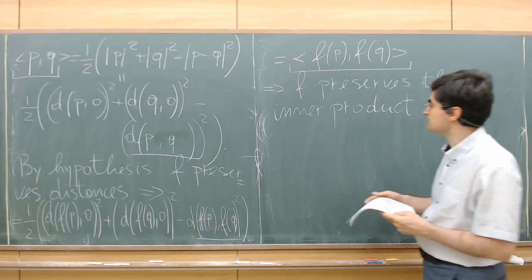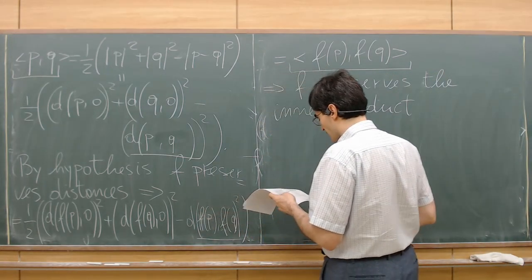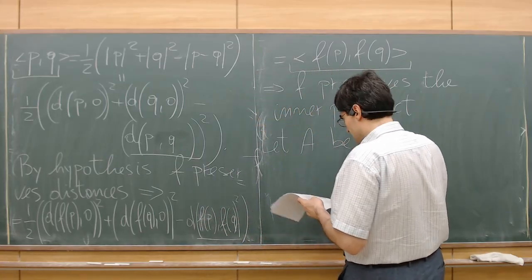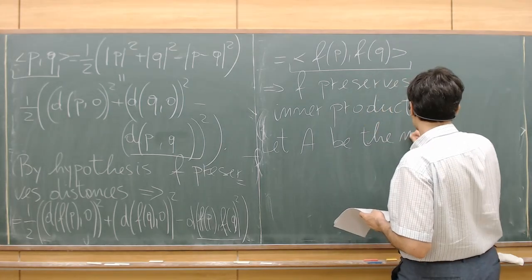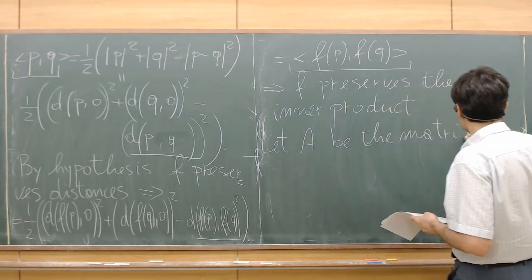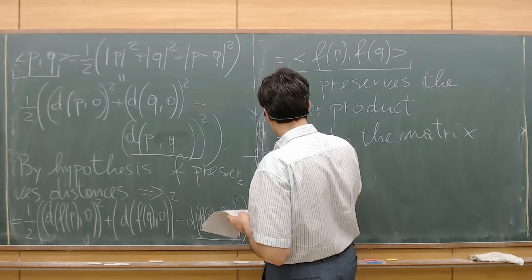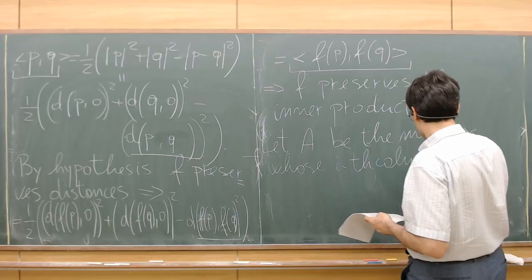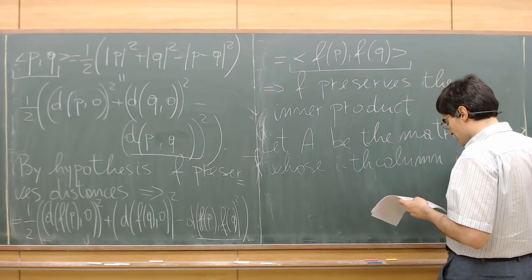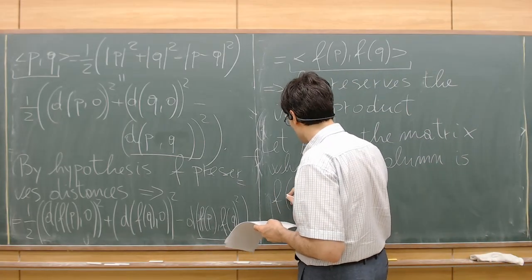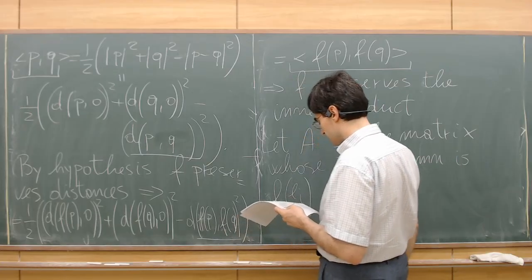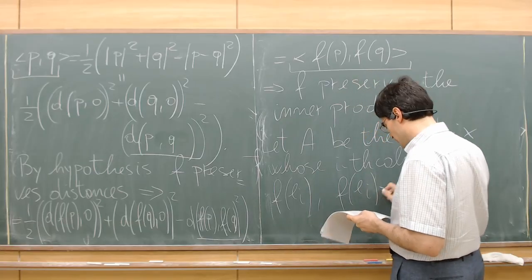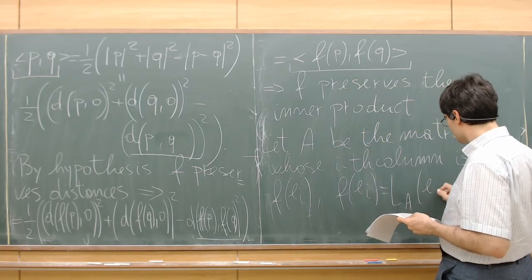Okay, now let's introduce a matrix. Let A be the matrix whose ith column is f of Ei. So in other terms, f of Ei equals LA of Ei.